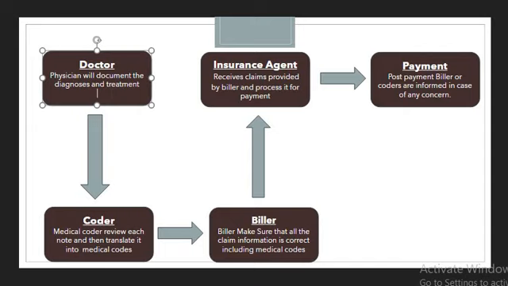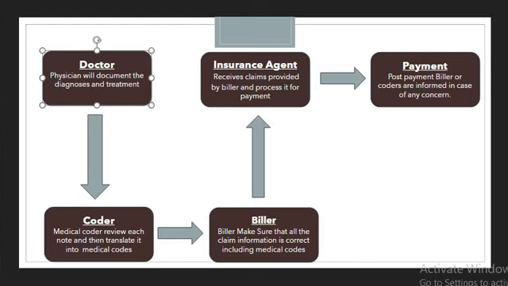Now once the doctor has prepared the diagnosis and treatment document, that document will be provided to the coder. Here again, this is totally dependent on the mutual agreement performed between the parties. In some cases, the doctor provides all the medical documents to the insurance agent, and then the insurance agent provides the documents to the coder. But I have designed the flow this way because overall the document is prepared by the doctor and provided to the coder.